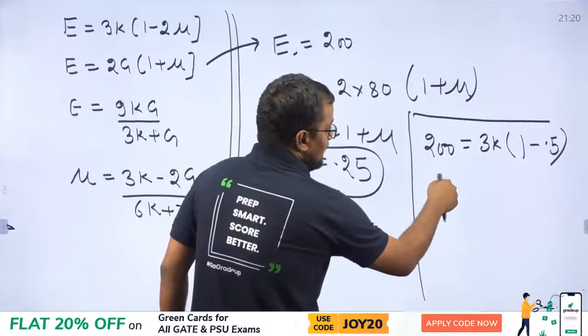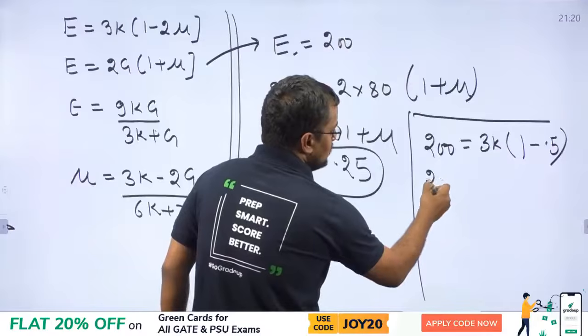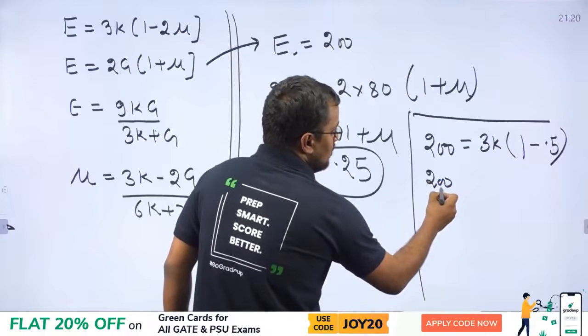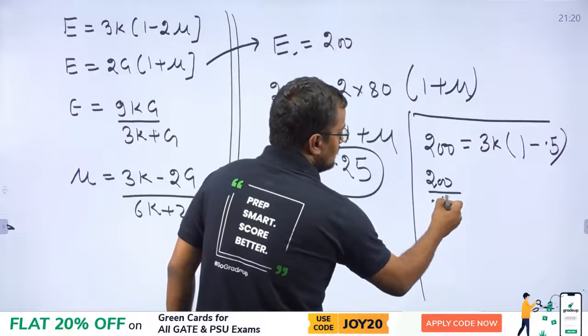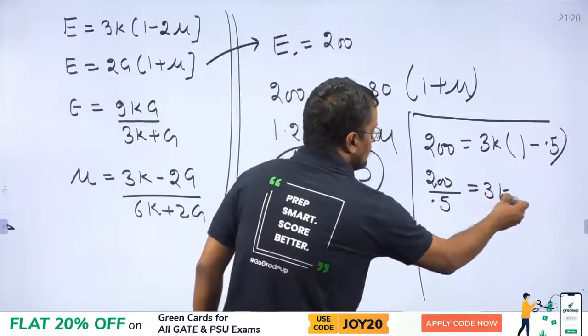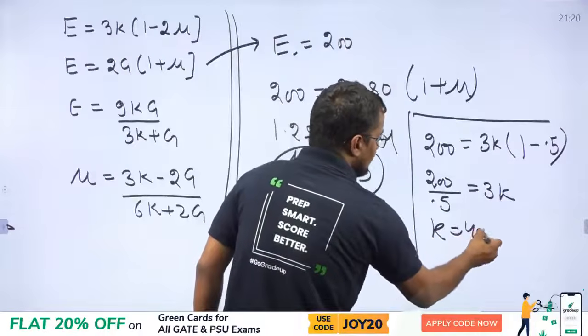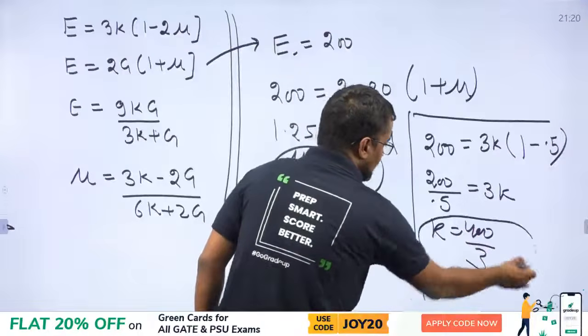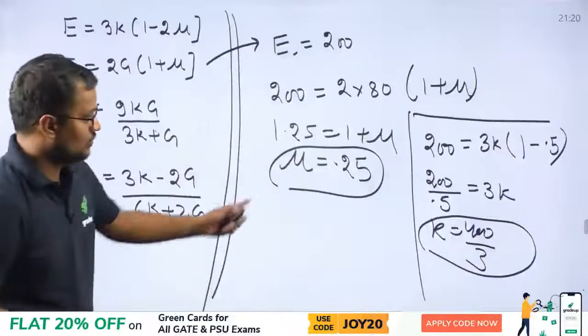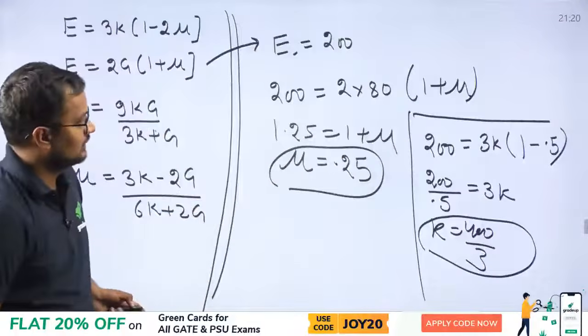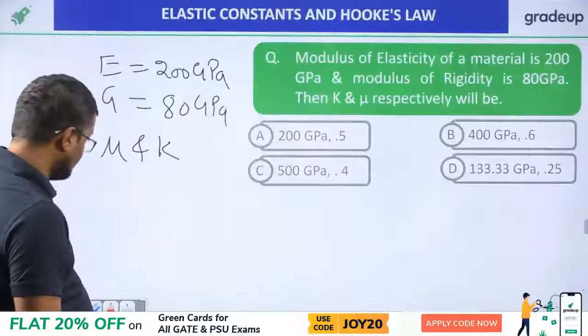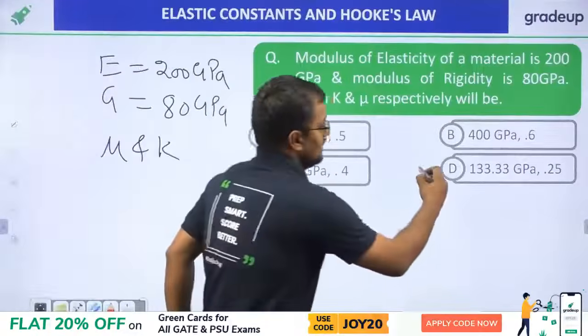So 200 upon 0.5 is equal to 3K. So K is equal to 400 by 3, so it will be 133.3. Mu 0.25, K 133.3. So my friends, this is K and mu.